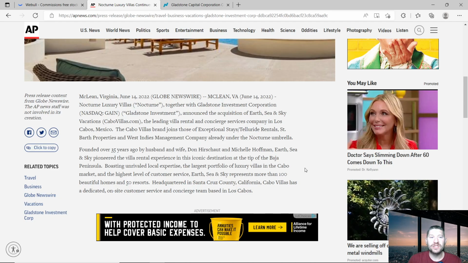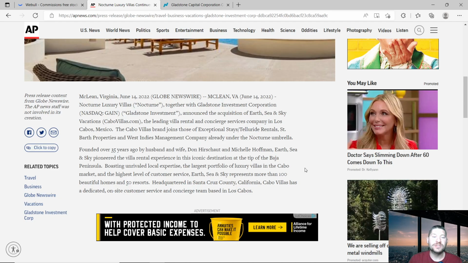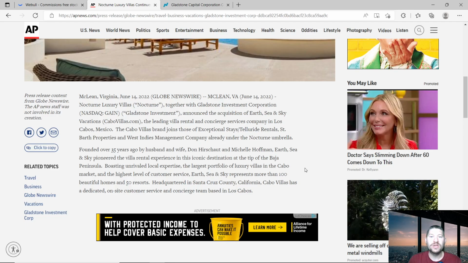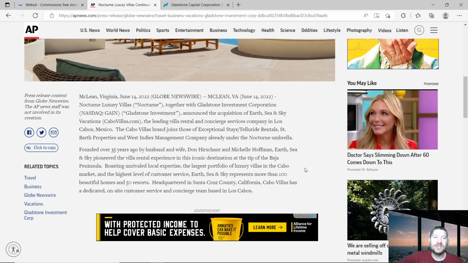Nocturne Luxury Villas joins together with Gladstone Investment Corp, GAIN, announced the acquisition of Earth, Sea, and Sky Vacations, the leading villa rental and concierge service company in Los Cabos, Mexico. The Cabos Villas brand joins those of Exceptional Stays, Barth Properties, and West Indies Management Company, already under the Nocturne umbrella.